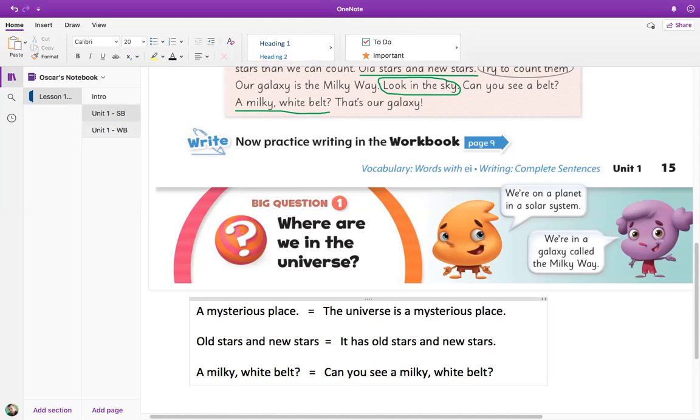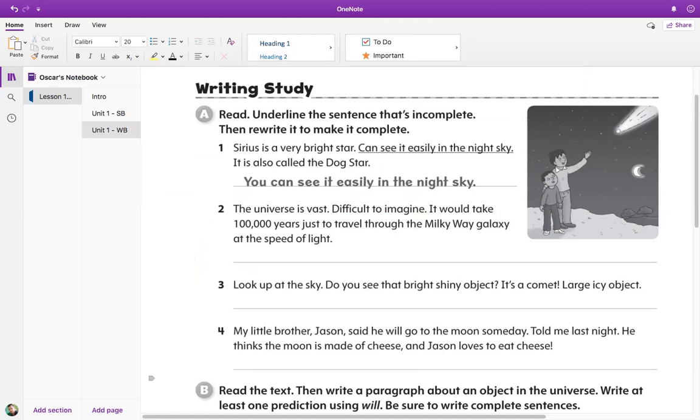Let's now move into the workbook, where I'm going to just give you an example of what you'll have to do, and later on I will post these pages in the classroom for you to complete. You can print them out and complete them as a worksheet, or if you already have the student book, you can also do it in your student book and workbook, as I said before.